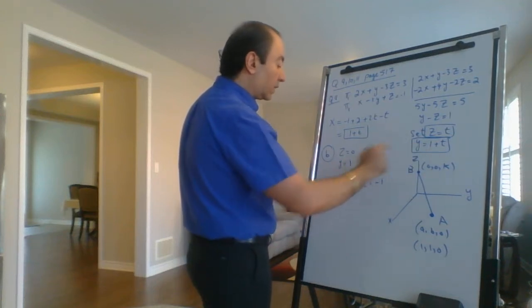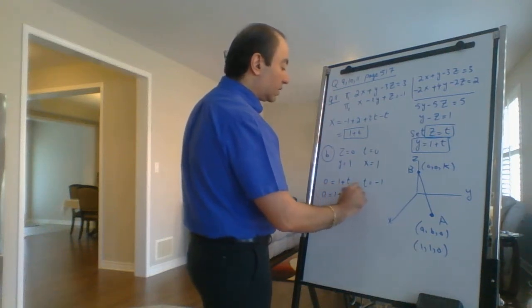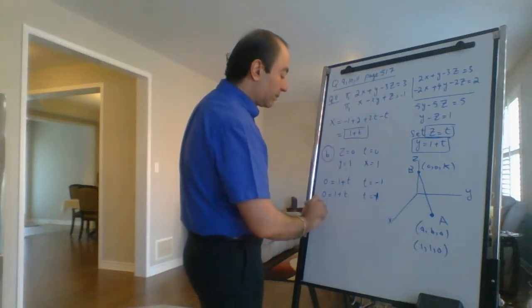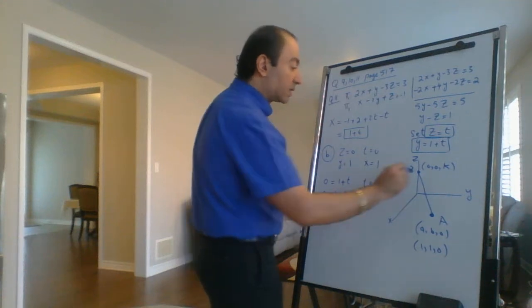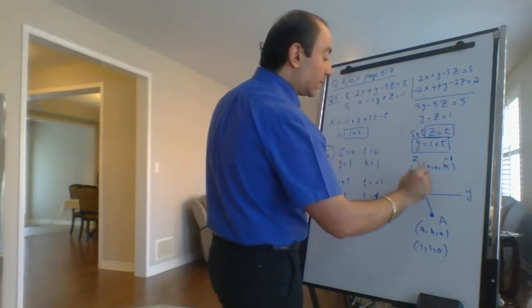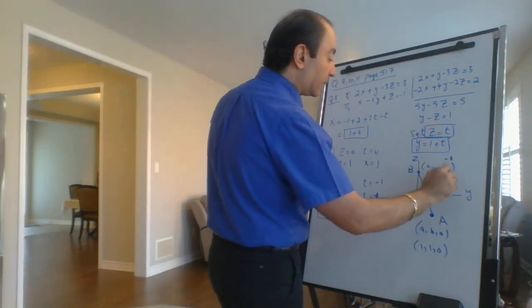Same thing if you do that in here: y equals 1 plus t, so t equals -1. If t equals -1, that means z equals -1. That means this line will hit the z-axis at -1.